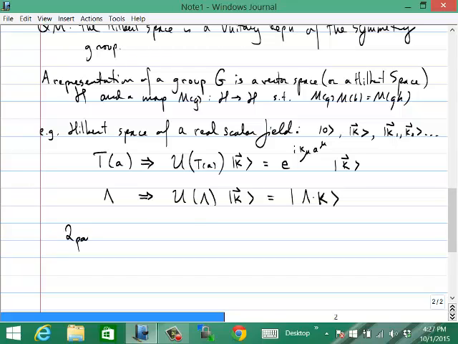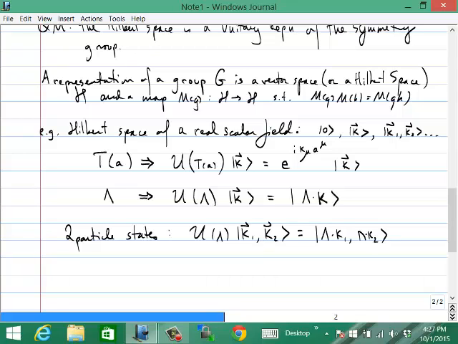The two particle states transform in a similar way. So for example, let's say you have a state with particles of momentum k1 and k2, then that will go to lambda times k1 and lambda times k2. So you just act separately on each particle. If you do a rotation, then you just rotate the momentum of the particles simultaneously.